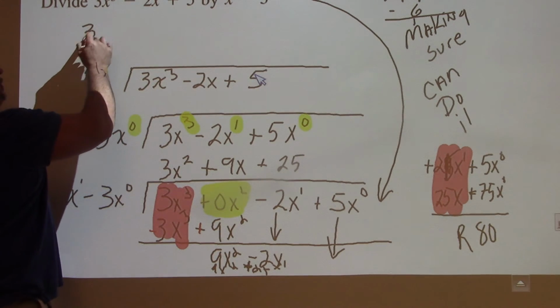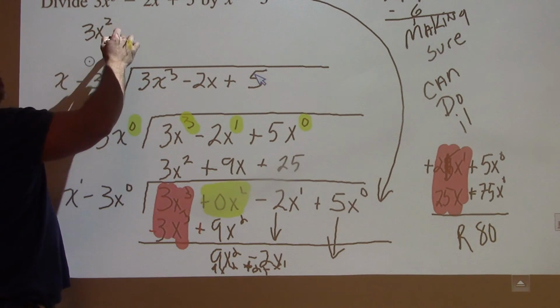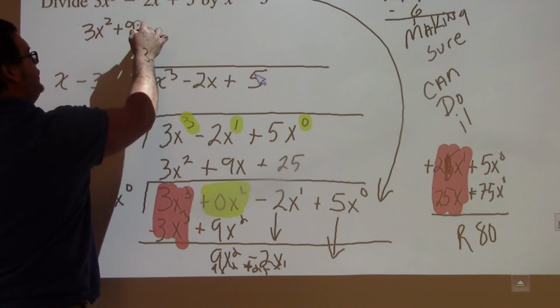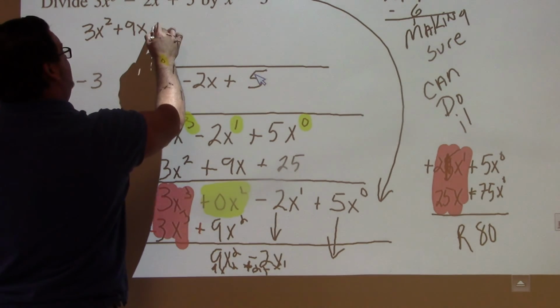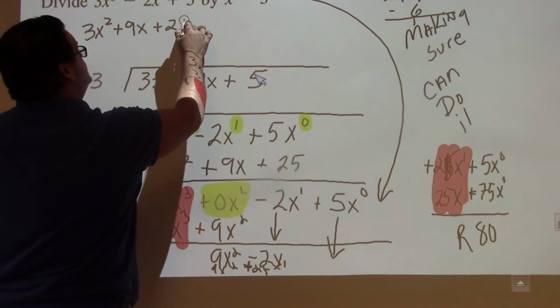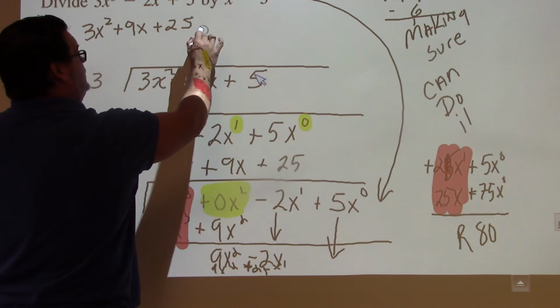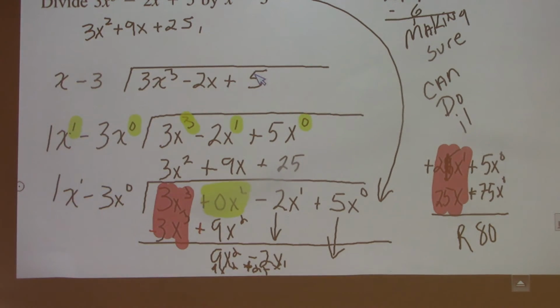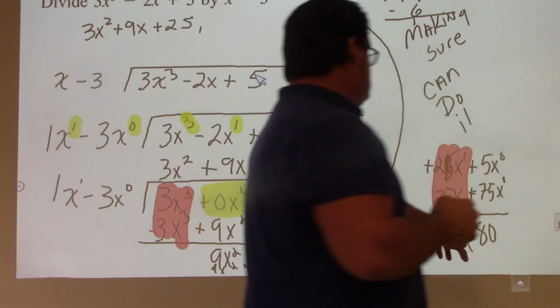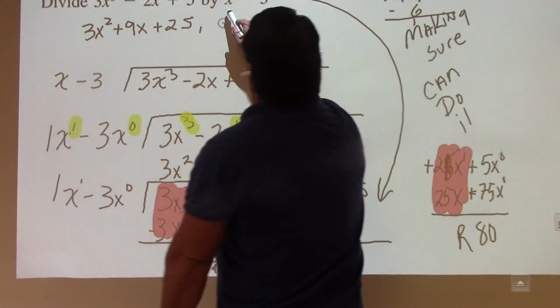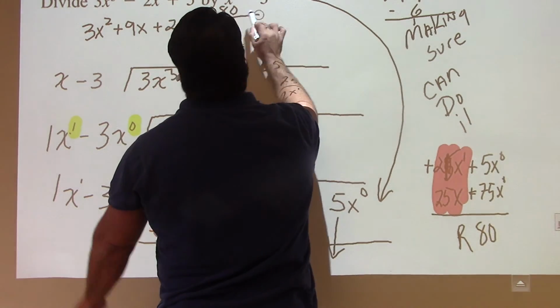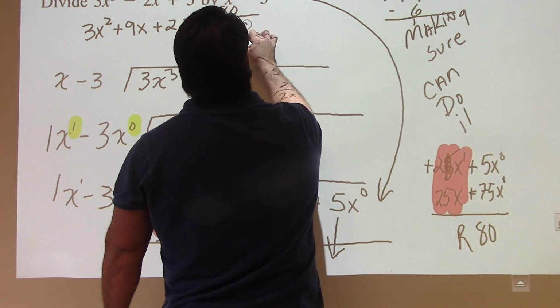So 3x squared plus 9x plus 25. And then they put a comma. Usually you put a comma when you do this. And then, what's my remainder? 80, over what? X minus 3. Okay, that's one way to write it.